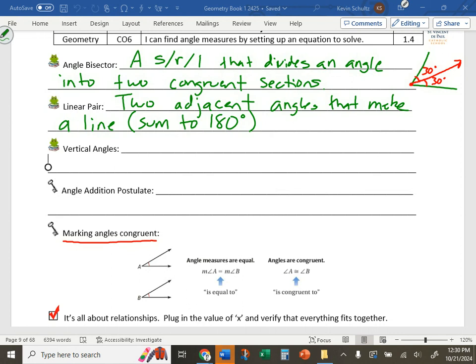So a linear pair, two adjacent angles that make a line, which means they sum to 180. An example of this. Here's my line. I want to draw that in there. Okay. So I've got two angles there, right? Because here's a vertex. I've got angle 1 and angle 2. Those aren't the degree measures. Notice there's no degree symbol. It's just a way to mark them, a way to label them. Angle 1 and angle 2.